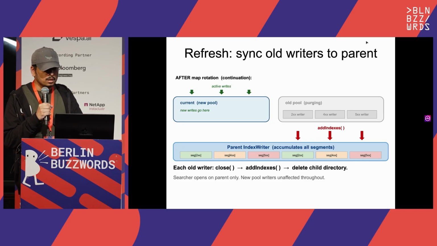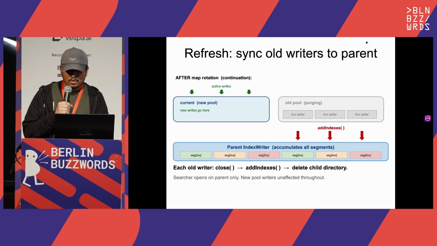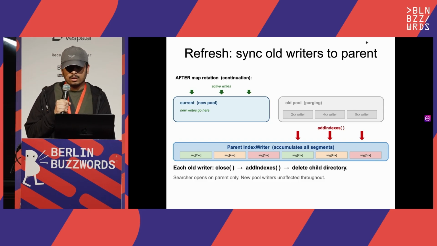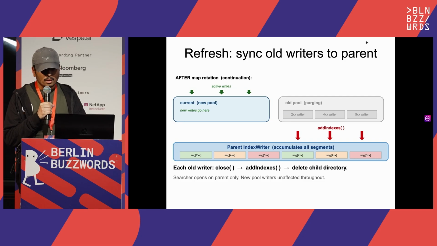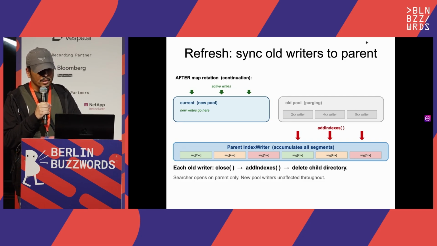First, all the writers in the old map are closed, which flushes the in-memory buffered documents to disk as a segment file. Then, on the parent index writer, we use something called the addIndexes API, which is a Lucene internal construct used for syncing all the documents of the child writer with the parent index writer.